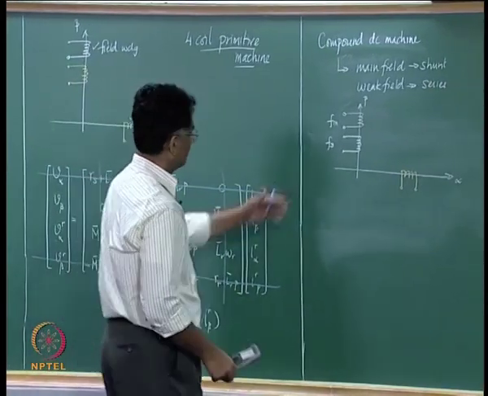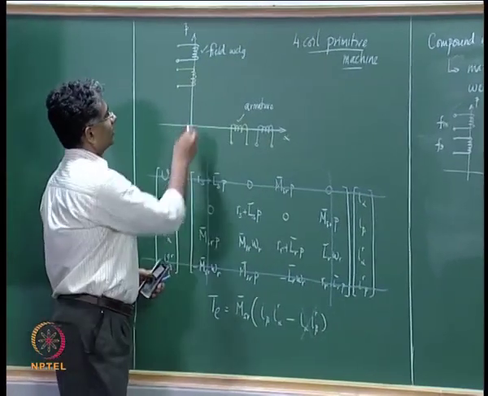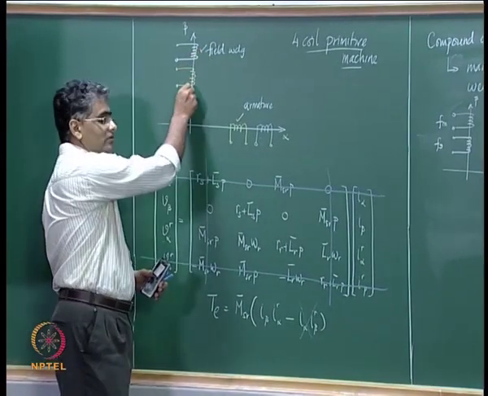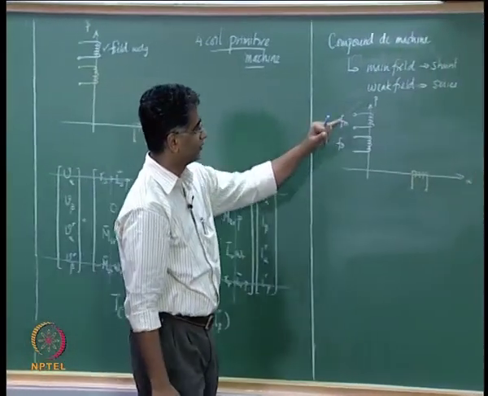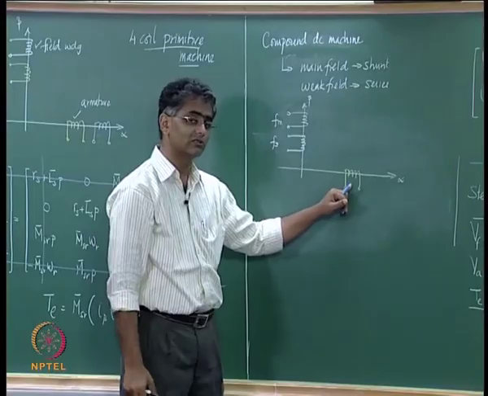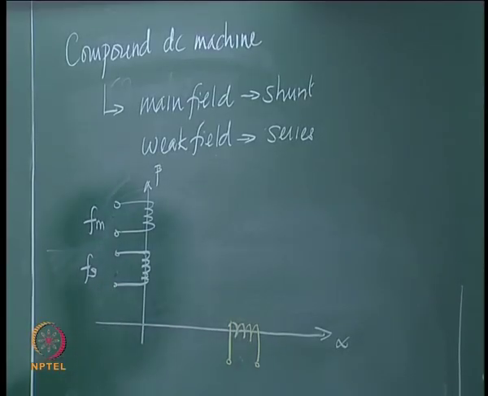We do not really have this kind of system here. In this case you see that there is one fixed coil, one pseudo stationary coil on each axis, whereas here we have two fixed coils and one pseudo stationary coil. Pseudo stationary coil is on a different axis. So, how to write down the equation for this?